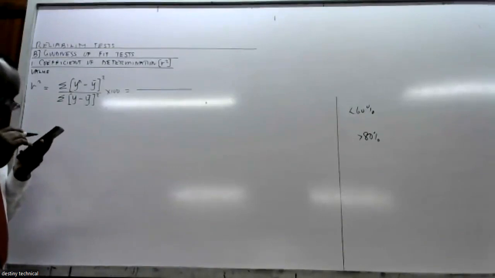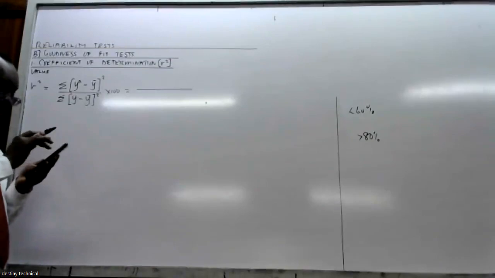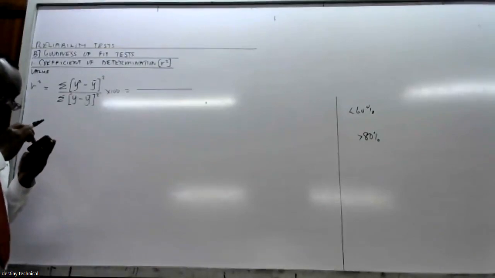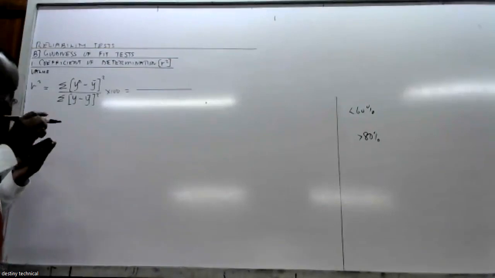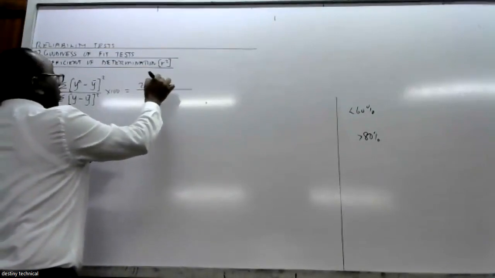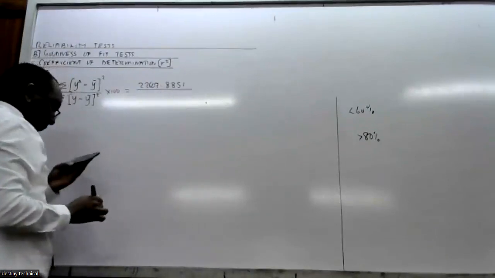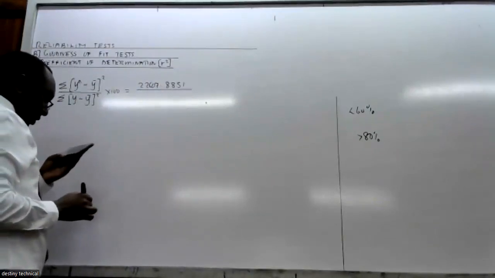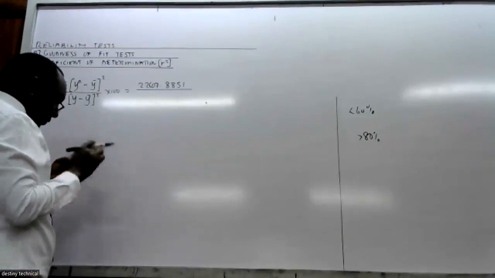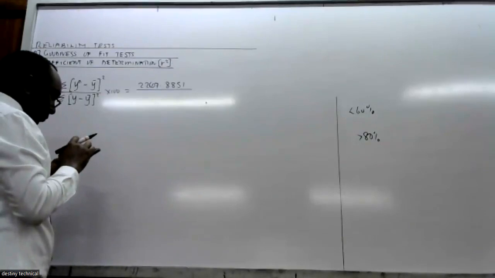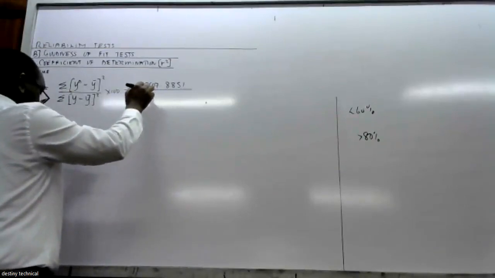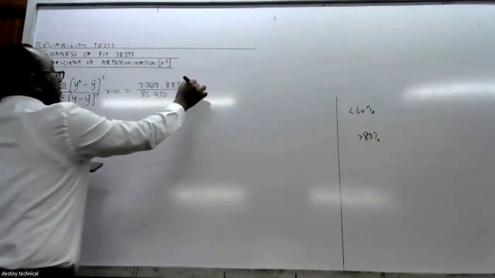Y predicted minus y bar. 0.8851. Minus y minus y bar. $85,950 is the figure you had confirmed.